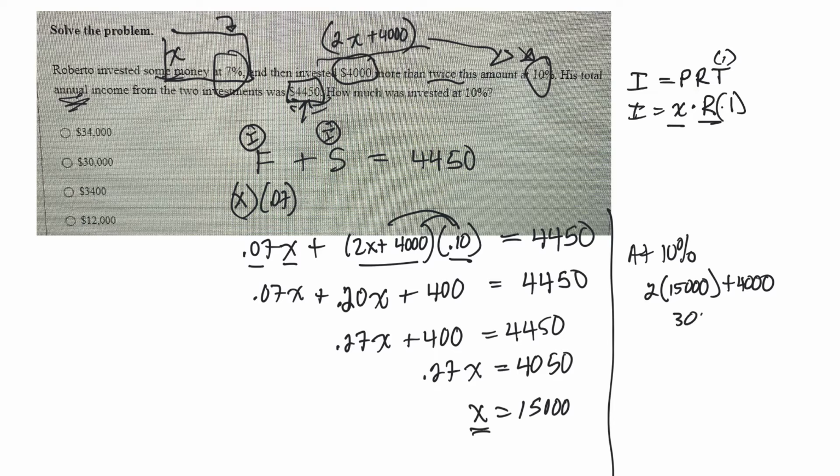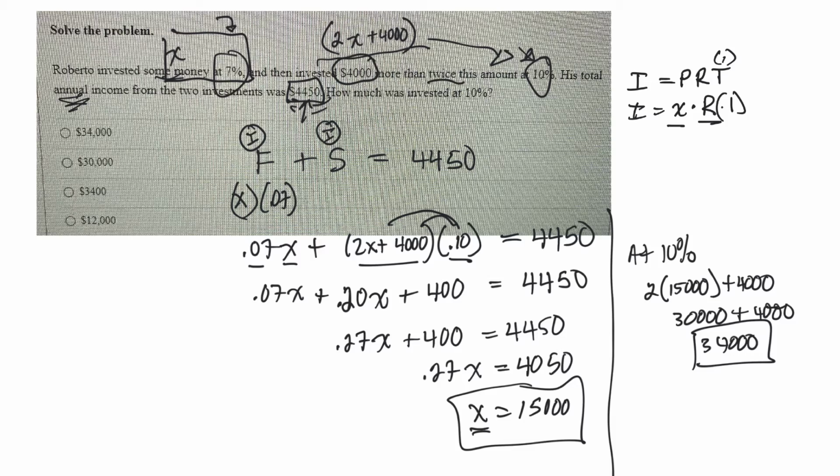So it'd be 30,000 plus 4,000. So $34,000. Nice to have that kind of coin. So this is how much he'd invest at 10%. This is how much he'd invest at 7%.